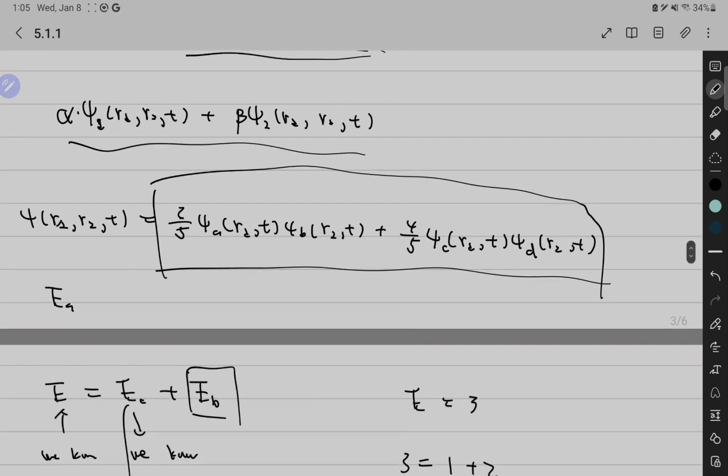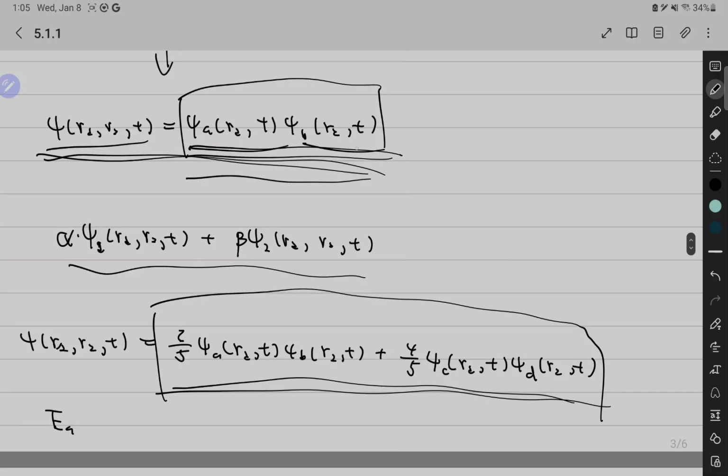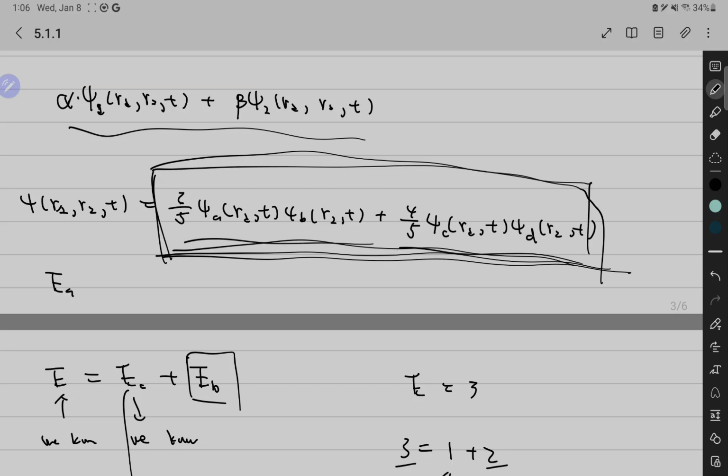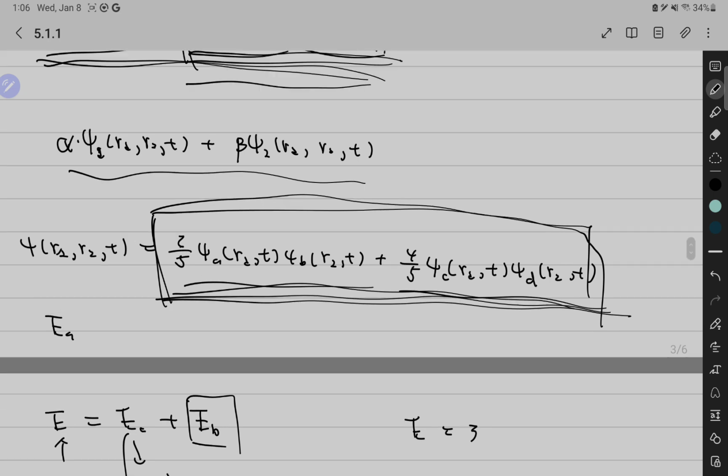And these two are called entangled. An entangled state is one that cannot be written as a product of single particle states, which is what we have here. These two are written as a single product of two particle states, right? The entangled one cannot be written that way, because in this case that the textbook brought up, it is a sum of these two, like a linear combination.